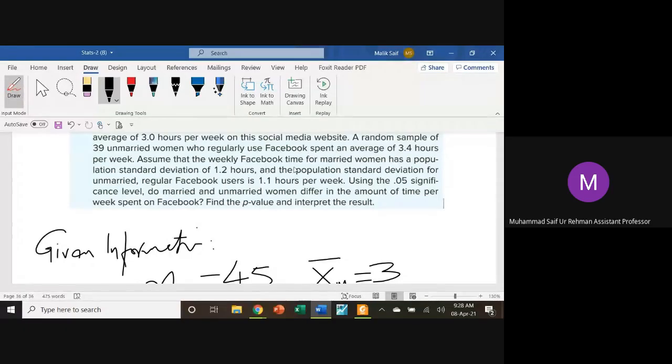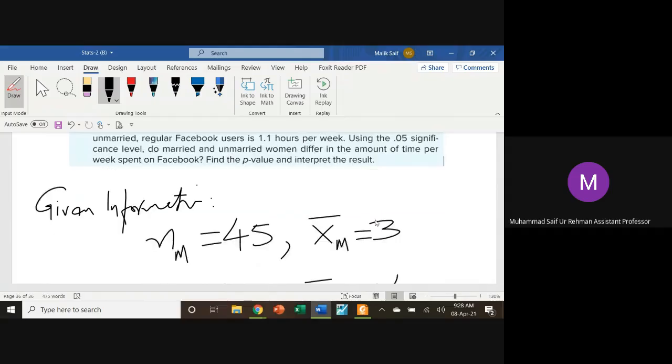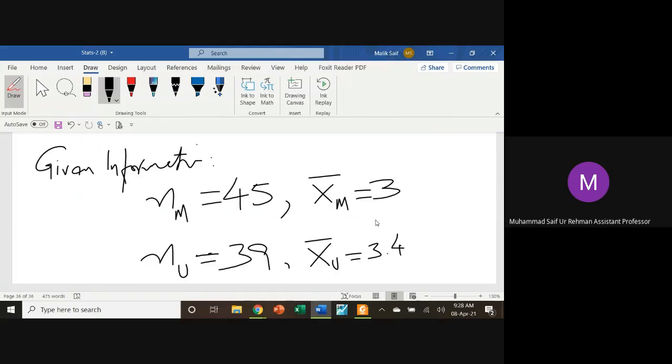Fine. What else is there? Assume that the weekly Facebook time for married women has a population standard deviation. So the population standard deviation is given, 1.2 hours for married women. So here you can write sigma m is 1.2, and sigma u is equal to 1.1.